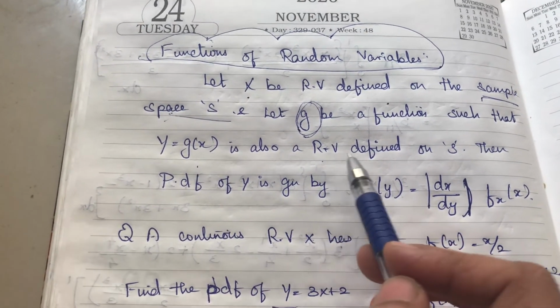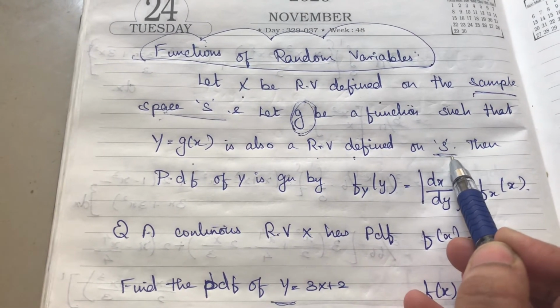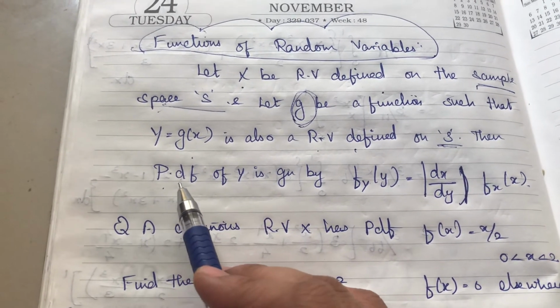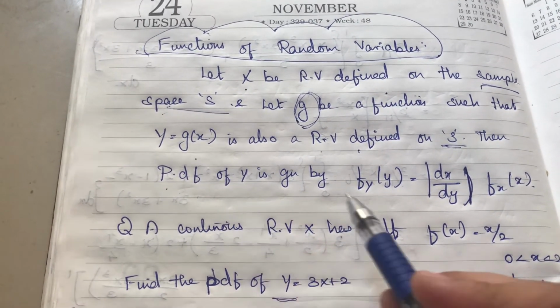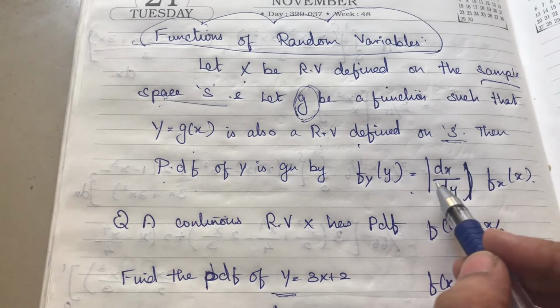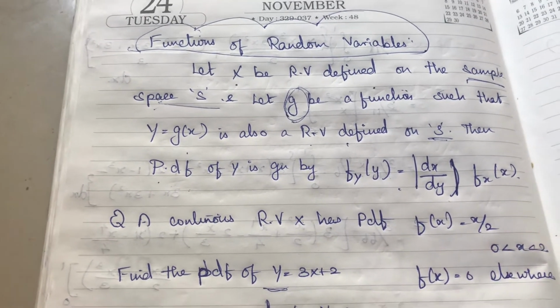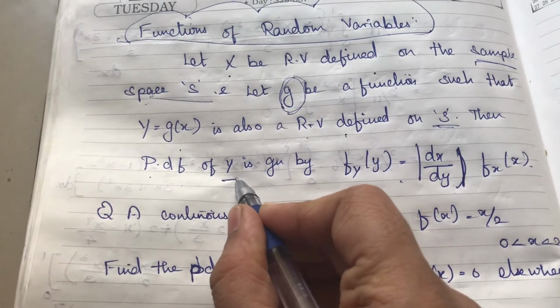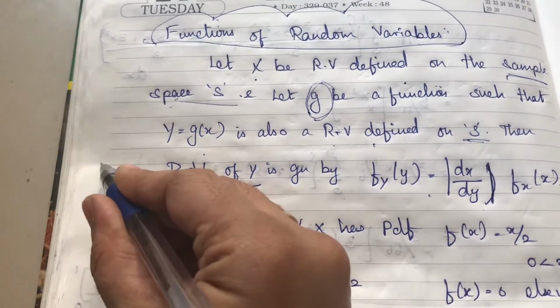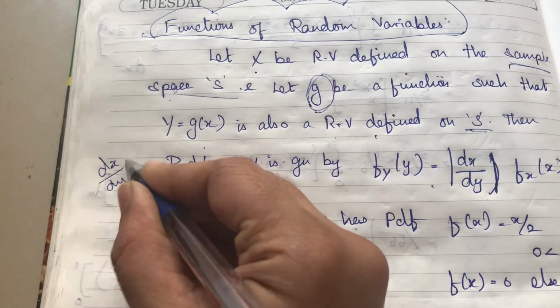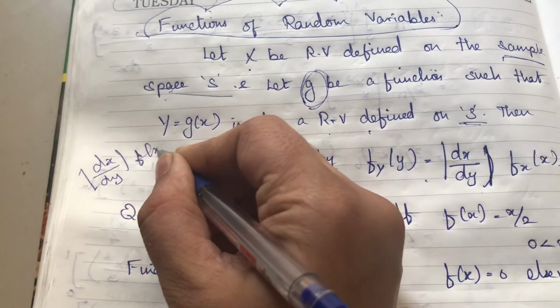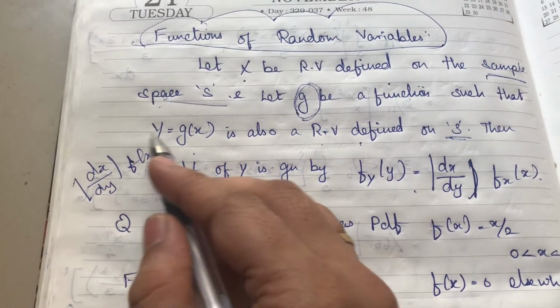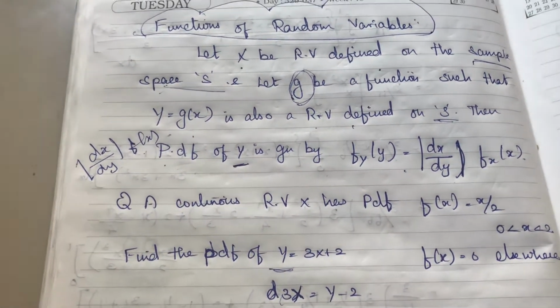This is also a random variable defined in S only. Then the probability density function of y will be given by the determinant of dx by dy into f of x. They are asking for y, so I am just multiplying it into f of x.